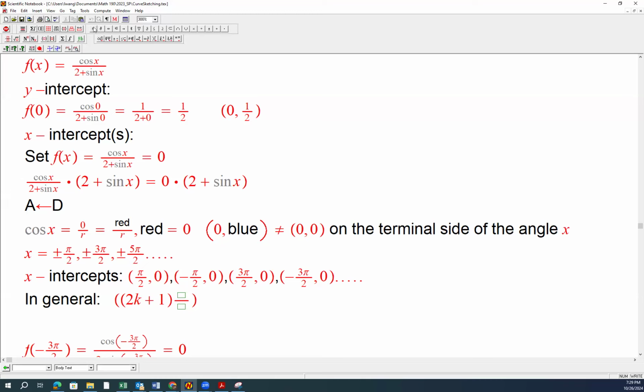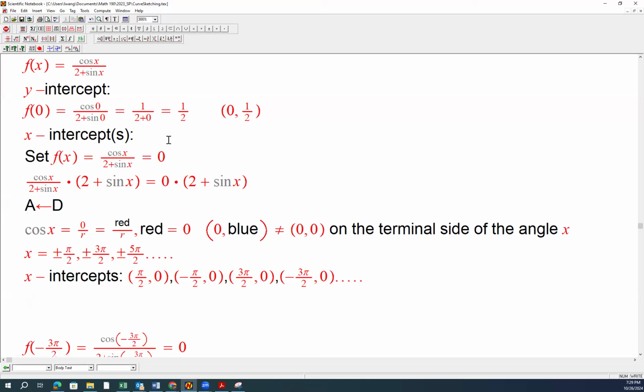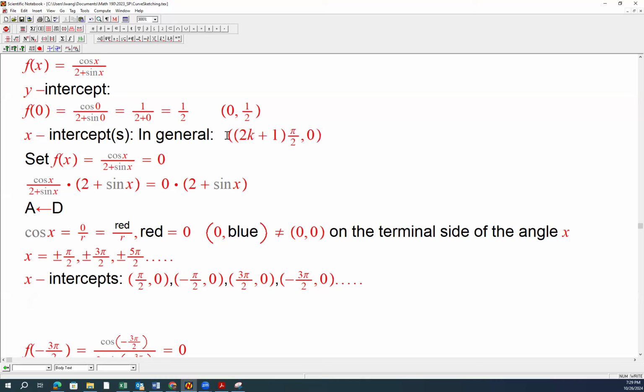So this is odd number multiples of pi over 2 comma 0. All of these are the x-intercepts we're looking for. So I'm going to put this on the top. And k is any integer.